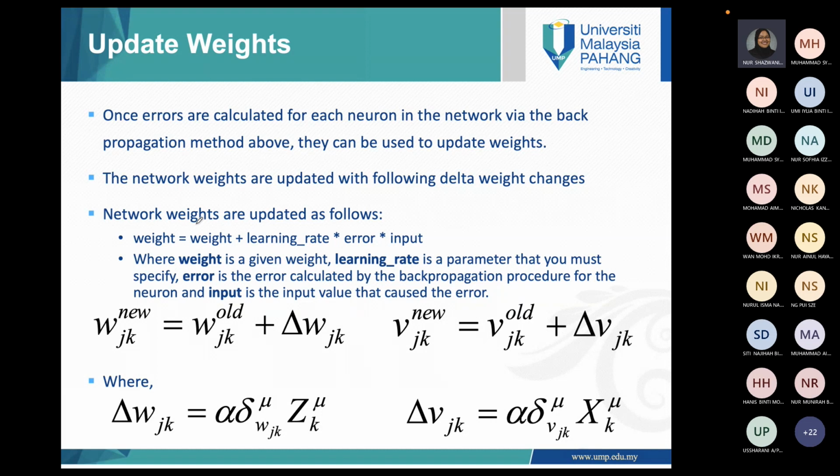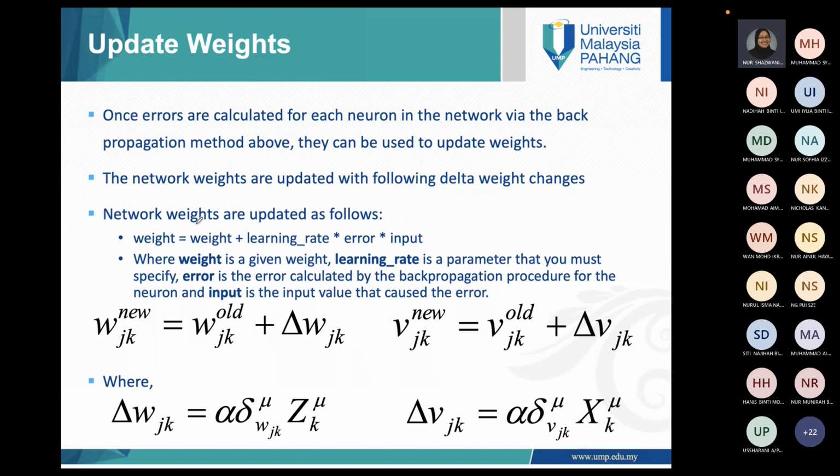The learning rate you can get based on your questions; it will be given. So you just do the multiplication and then do the summation of the old weight plus the learning rate.